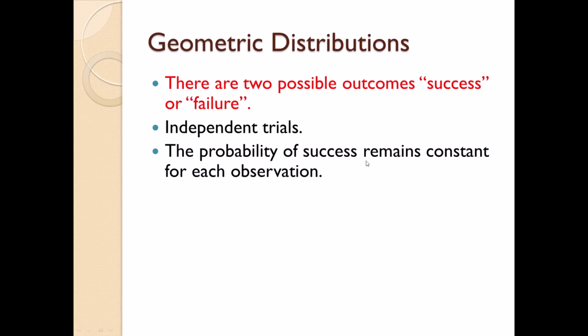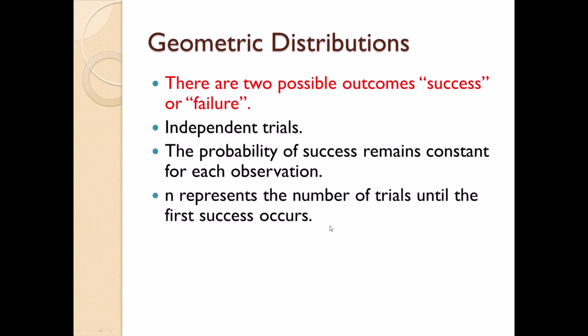The probability of success is constant for each observation, same as binomial. Here, what the random variable represents is where it differs. N represents the number of trials until the first success occurs, right? So n can never be 0. Remember that. You can't get a success if you don't perform a trial.